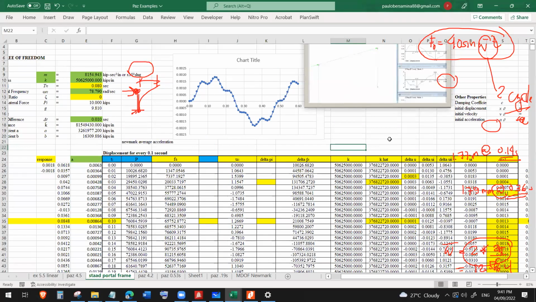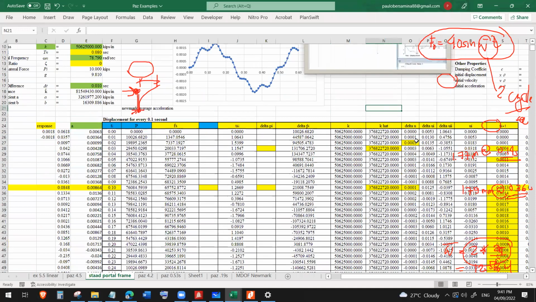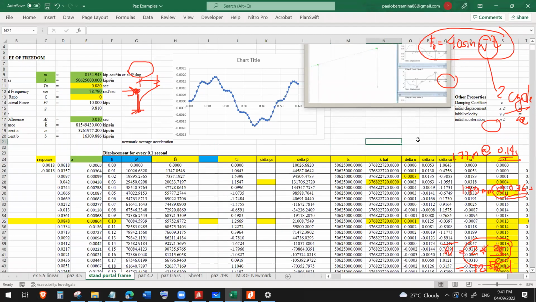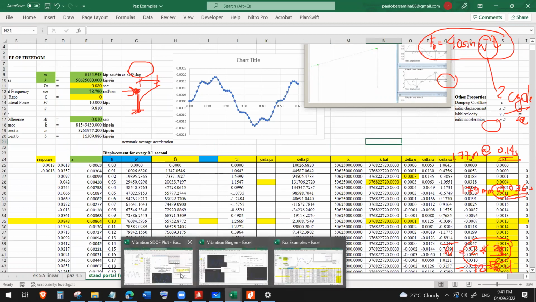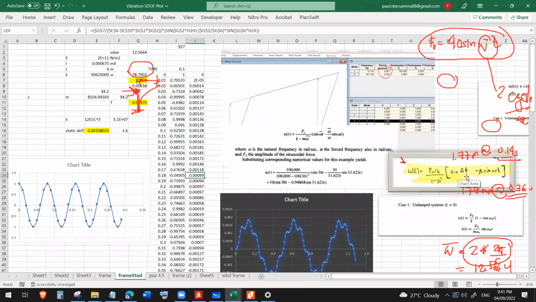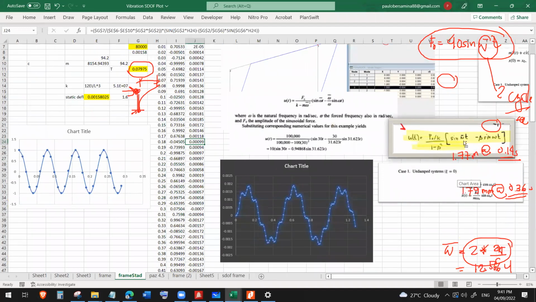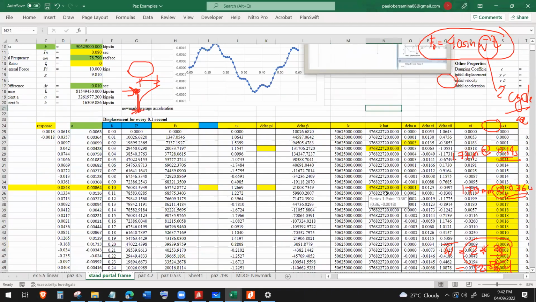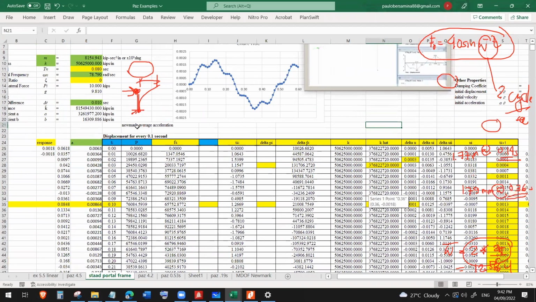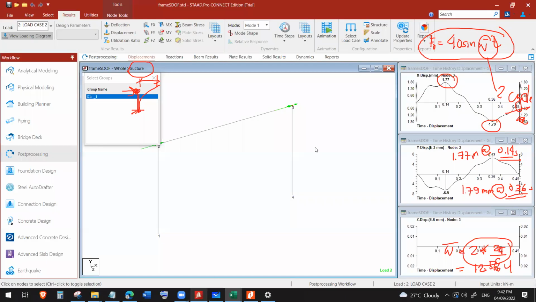So that shows that you can use manual calculation using a closed form formula that we just derived by differential equation, or you can use a numerical methods approach using the Newmark average acceleration method, and also implement that in Staad if you are about to model a more complicated structure.